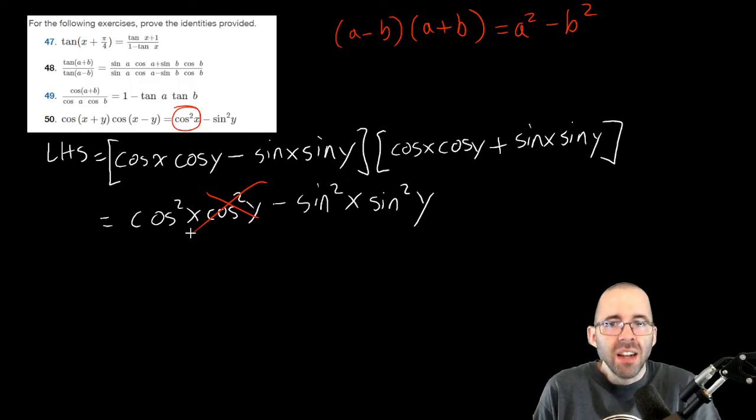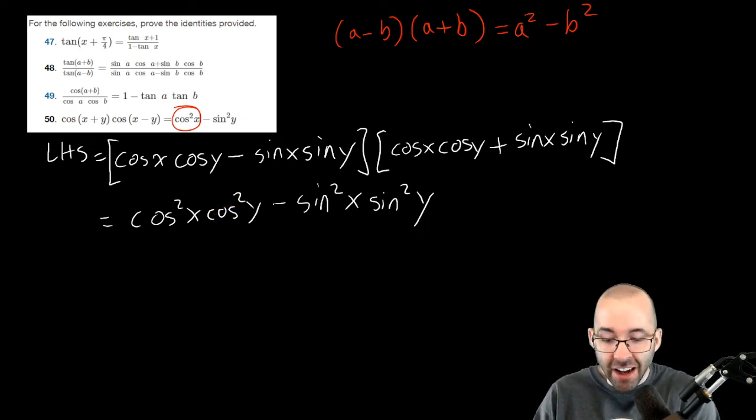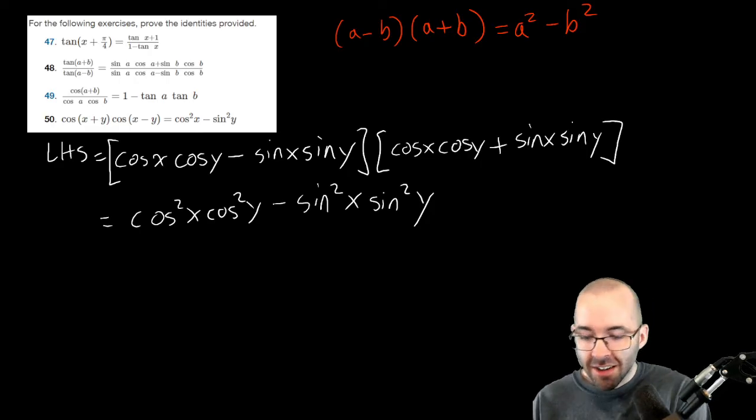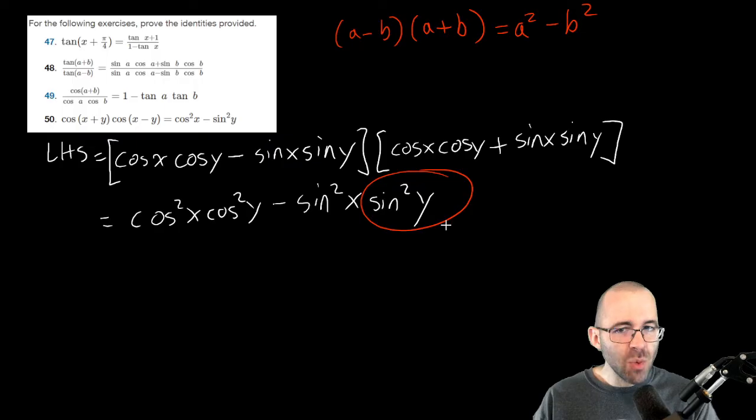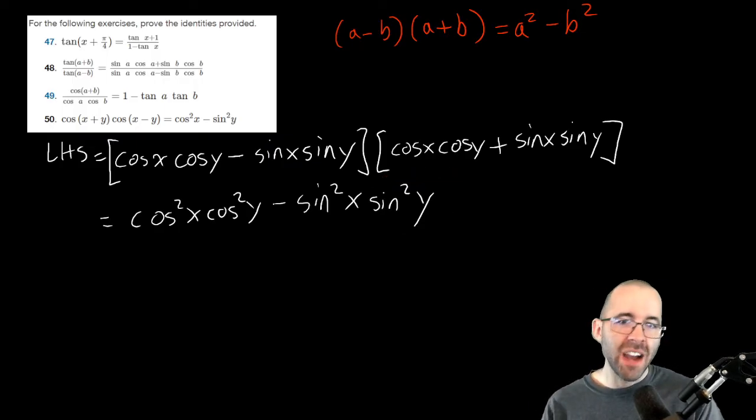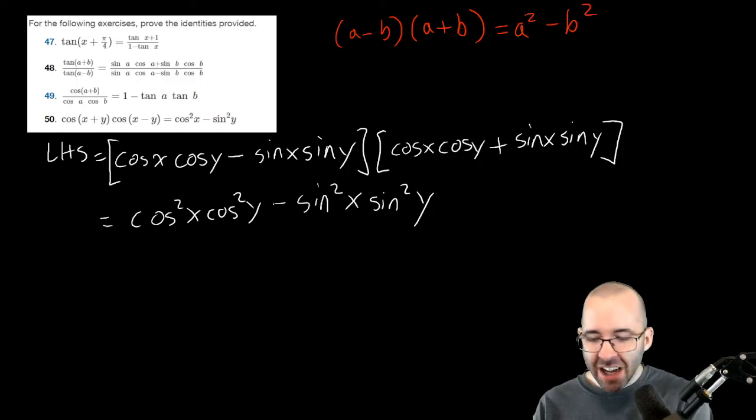What's another way to get rid of a cosine squared term? Pythagorean identity. Let's try it. Again, I don't know if this is going to work, but we can get rid of it, and then that'll give us a sine squared of y. And then maybe we can do some simplification because we'll have sine squareds of y in both parts. So let's see if it actually works or not.